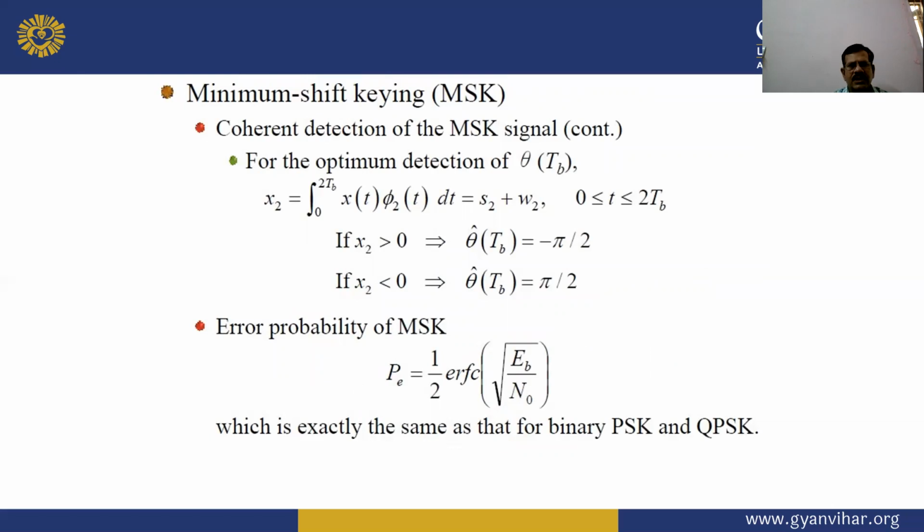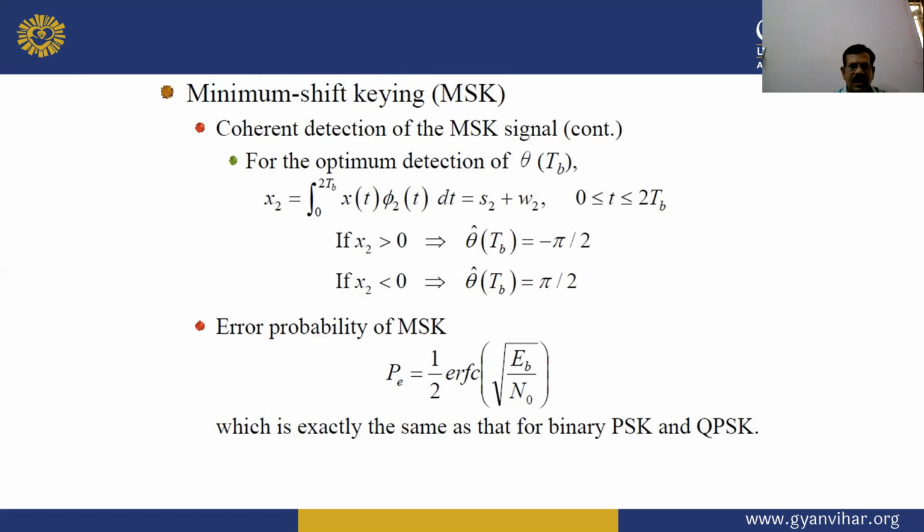So in coherent detection of the MSK signal, for the optimum detection of theta TB, x2 equal to integration from 0 to 2 TB of x(t) phi 2(t) dt equal to s2 plus w2, the time interval being between 0 and 2 TB. And there are two conditions. If x2 is greater than 0, then theta TB equal to minus pi by 2.